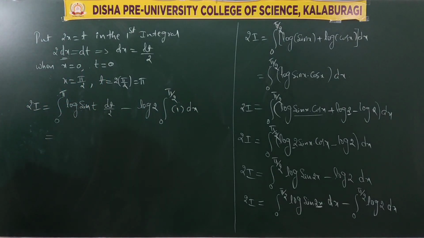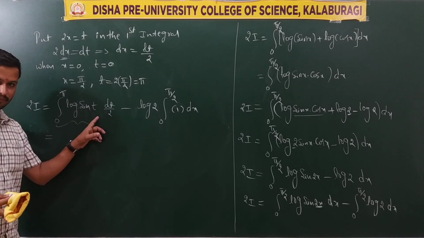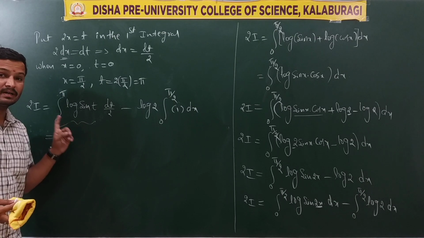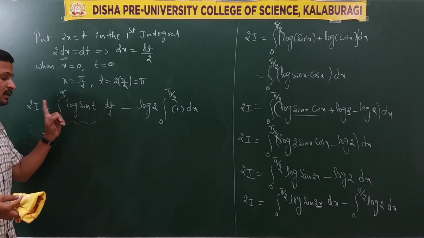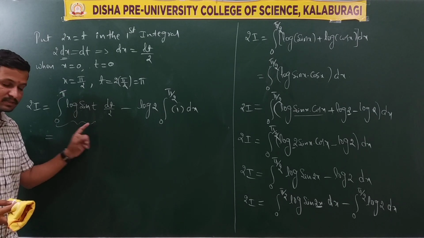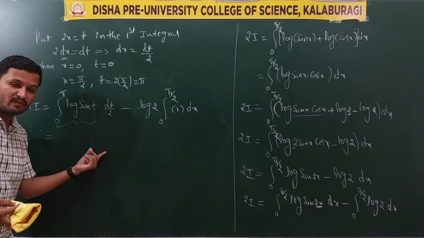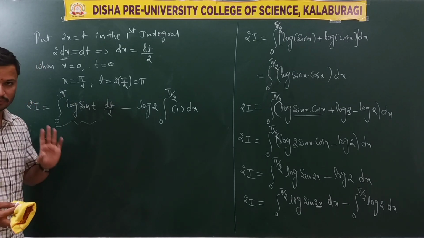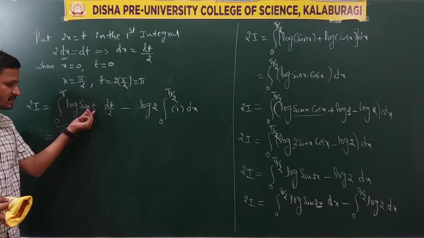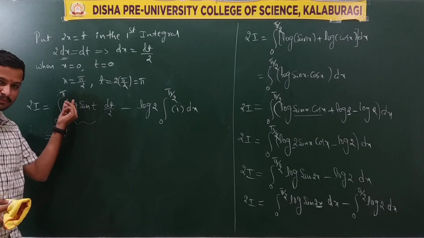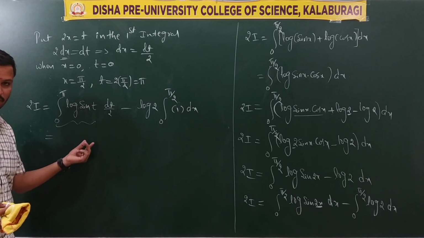Yes, see here sin t is there, so here we use property number 7, that is integration from 0 to 2a of f of x into dx is 2 times of 0 to a if f of 2a minus x is equals to f of x. That means if we substitute pi in place of t and we get the original function back, then that is 2 times of 0 to a f of x into dx.